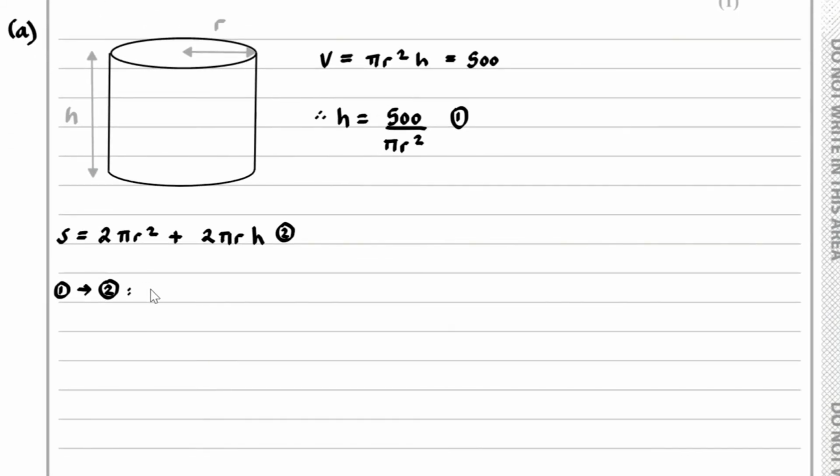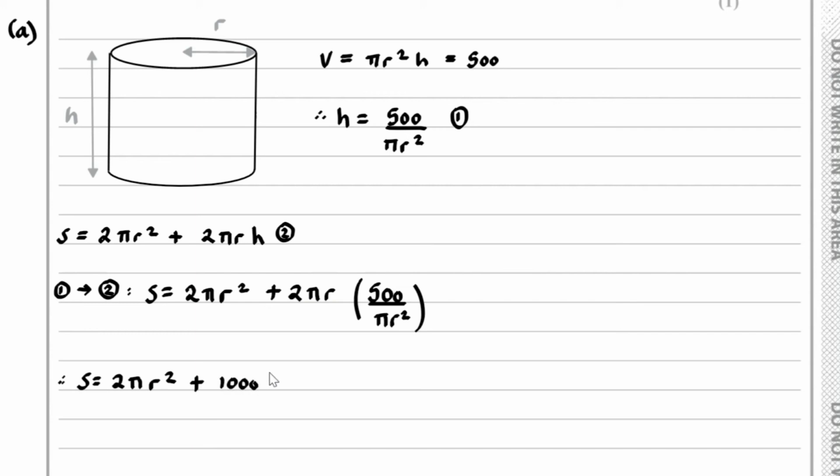So I have S equals 2 pi r squared plus 2 pi r times by 500 over pi r squared. And if I tidy all of this up, I can conclude S is equal to 2 pi r squared. Well, here 2 times by 500 is 1000. The pi's cancel, and r over r squared is quite simply r. So this is what I end up with.